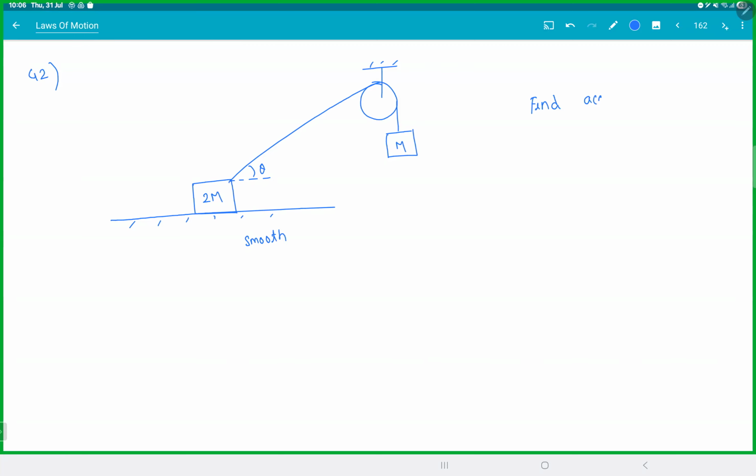Find acceleration of block m at this instant. So is the system released from rest? Have patience. System is released from rest. We will discuss about that also. What if it is not at rest?